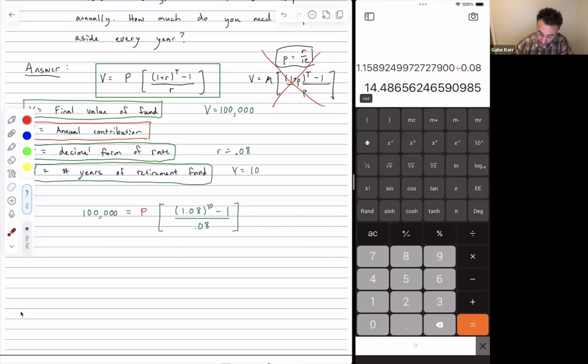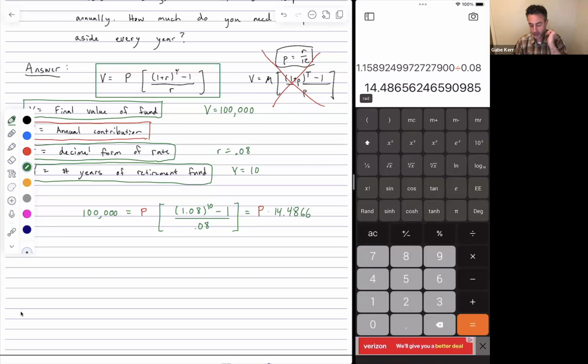So I'm going to go ahead and write that down. Sorry, 14.4866. Let's round up to the nearest decimal. So I have a P, and then I have times 14.4866. I'll just round up that much. Okay, and now I want to solve this equation where I've got a number times P equals another number. So I'll just divide both sides by that number.